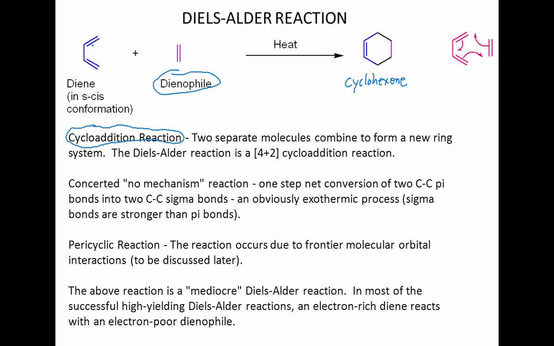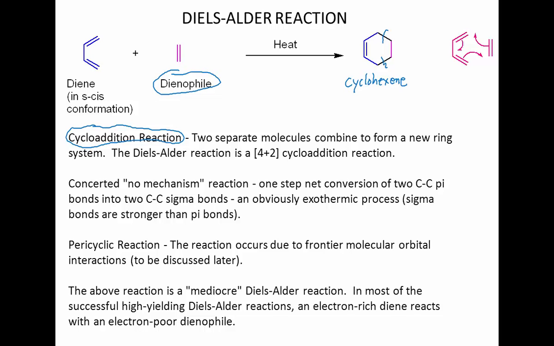In the process here, note that we have 1, 2, 3 pi bonds in the starting material, only 1 pi bond in the product, and we form 2 new sigma bonds right there. Okay, the net conversion of 2 C-C pi bonds into 2 C-C sigma bonds is obviously a favorable process. So the Diels-Alder reaction is exothermic.